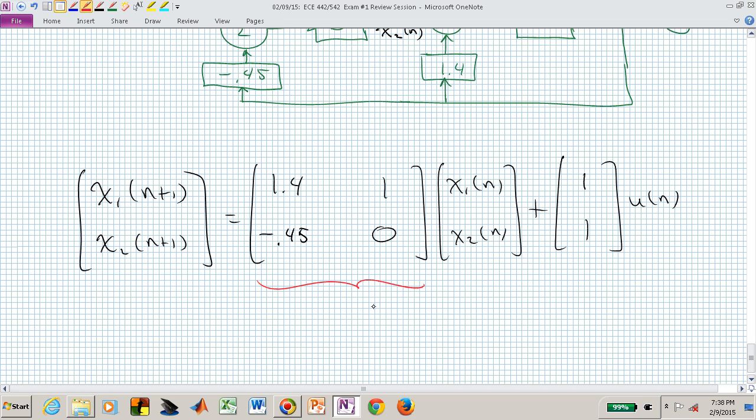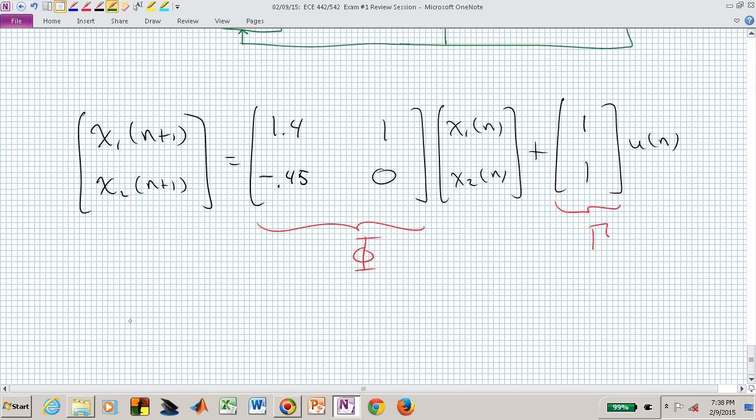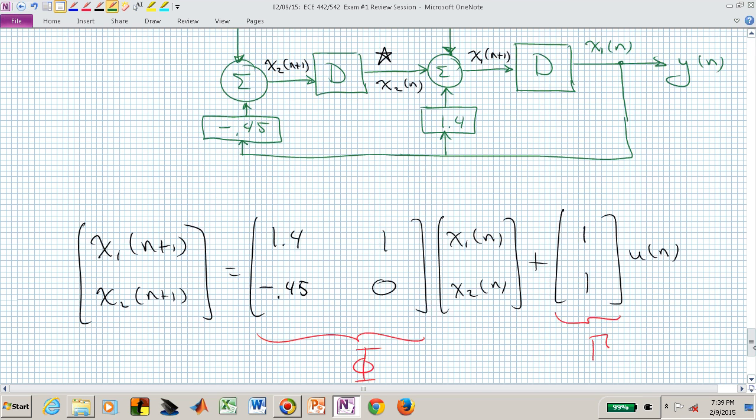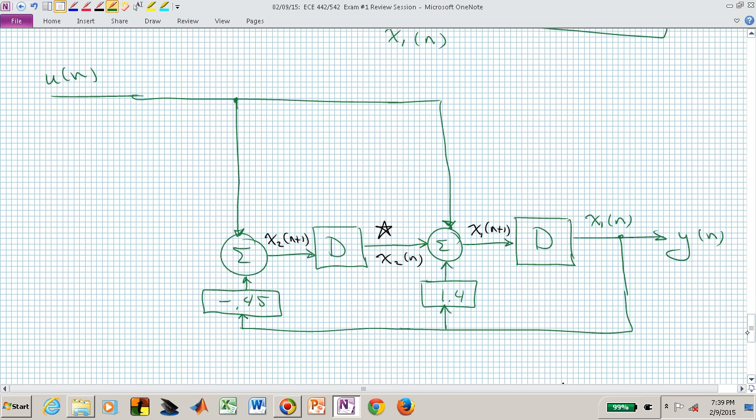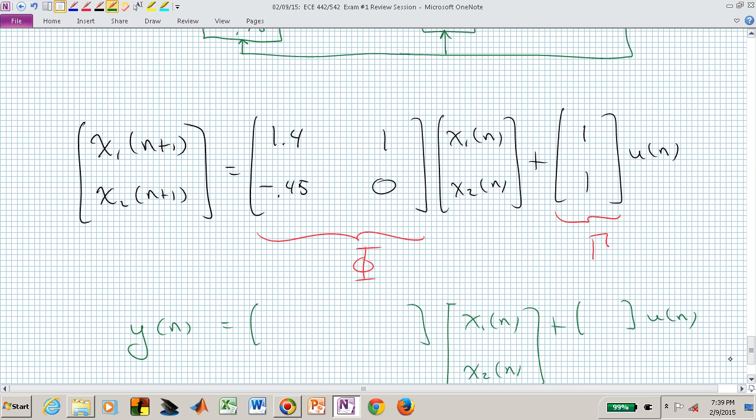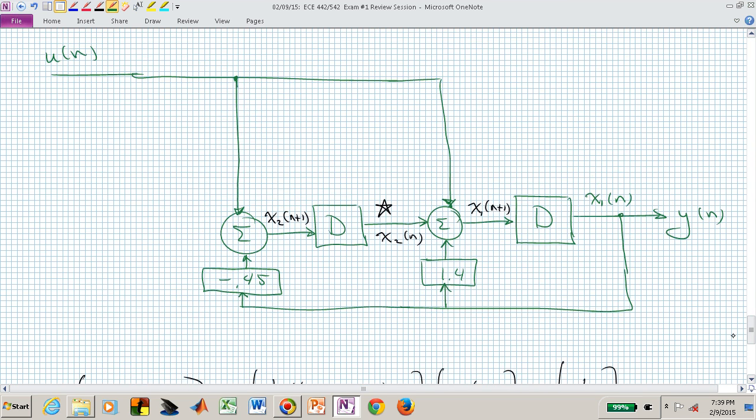This is our system matrix. This is our input matrix. And our output matrix, if we needed a state space representation, I only had one output, which means that these matrices that are producing y of n need to be one row tall. What is making up y of n?